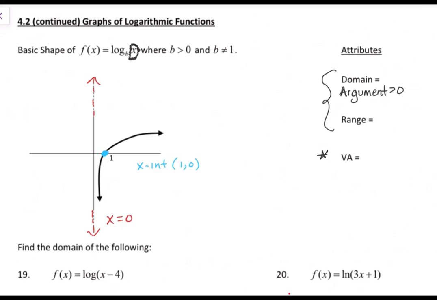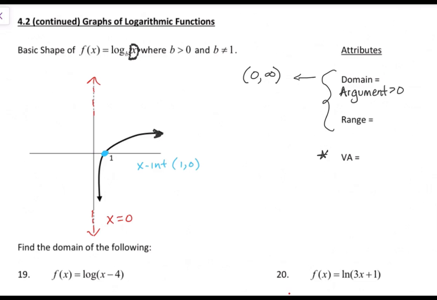So in this basic shape, my domain is going to be from that vertical asymptote of 0, but then it does go to the right forever. So it goes from 0 to infinity, and they're both going to be closed with a parenthesis. Infinities, of course, are always closed with parentheses.